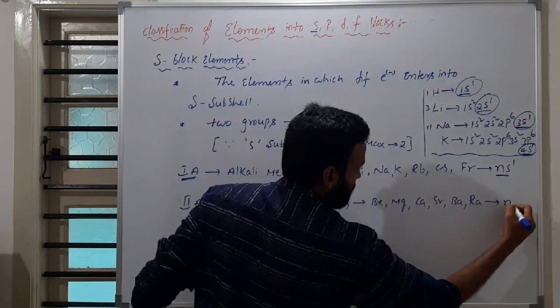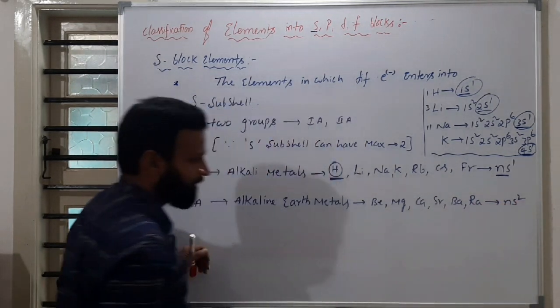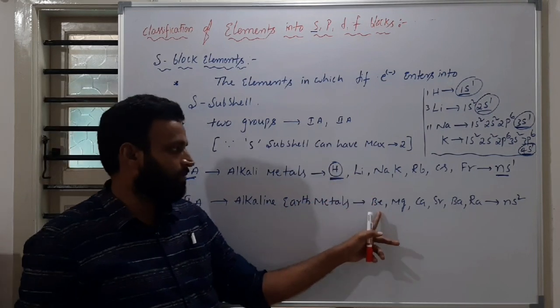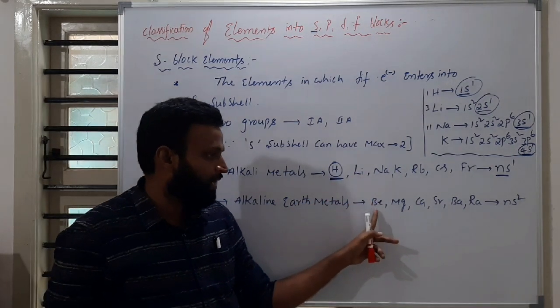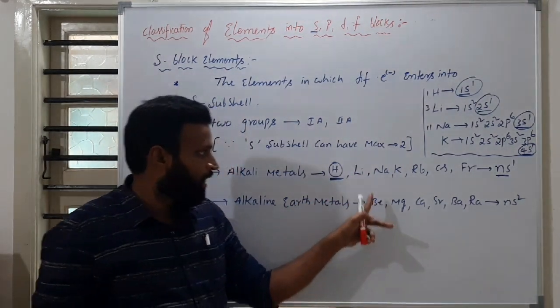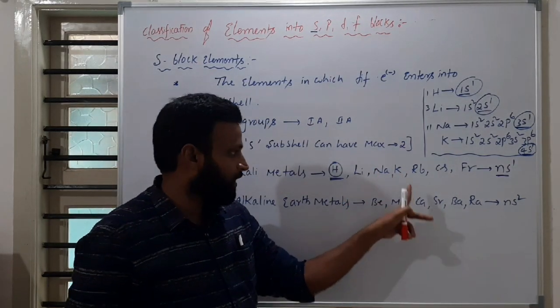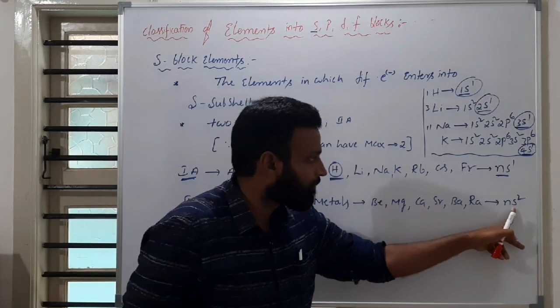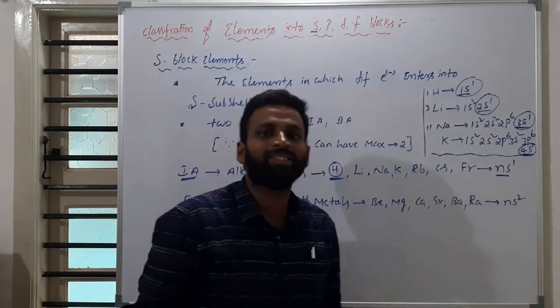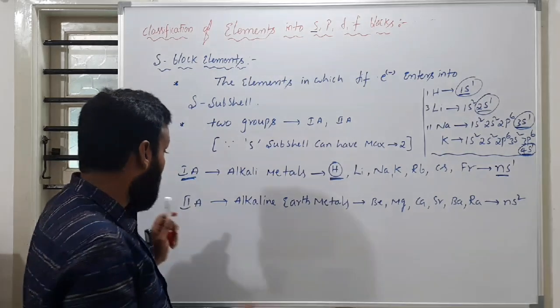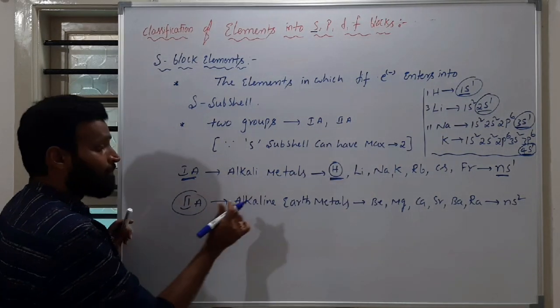And here you have ns2. Very simple: lithium, then beryllium. So lithium is 2s1, beryllium is 2s2. Sodium 3s1, here 3s2. 4s1, 4s2. In that way you can say ns2 is the general electronic configuration of these 2A group elements.